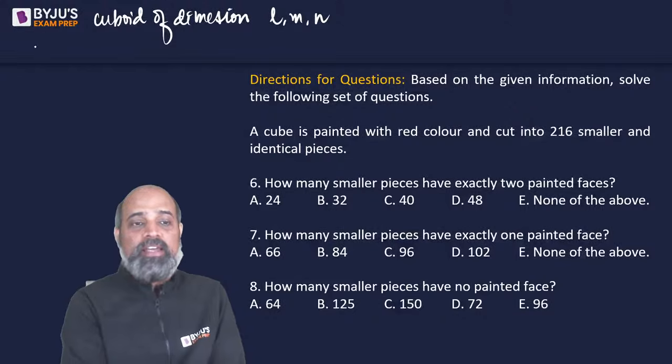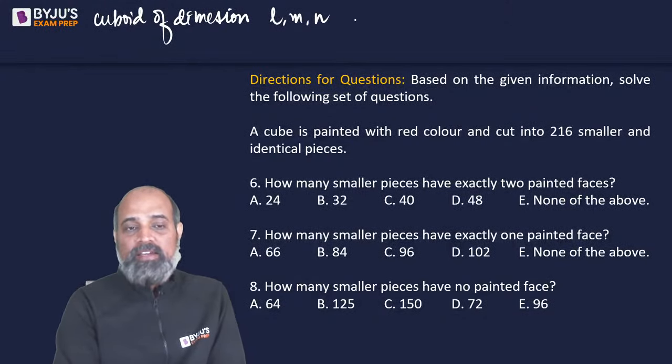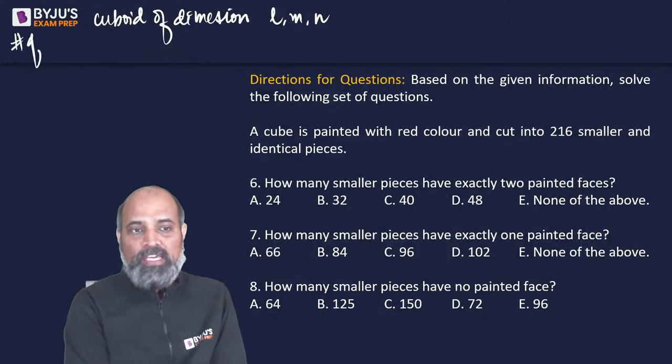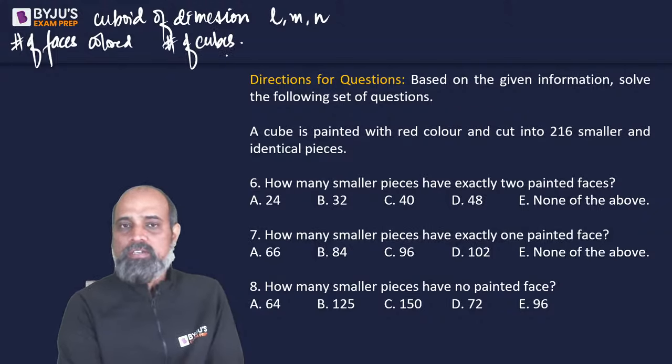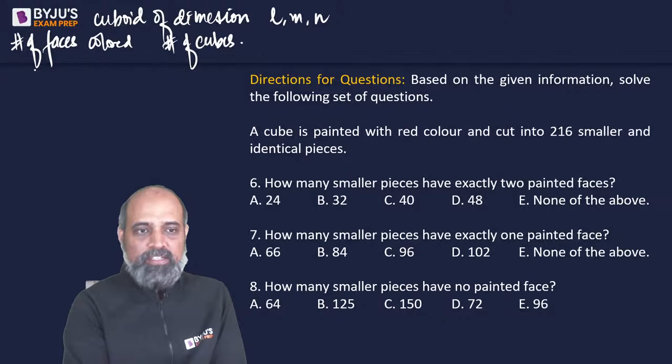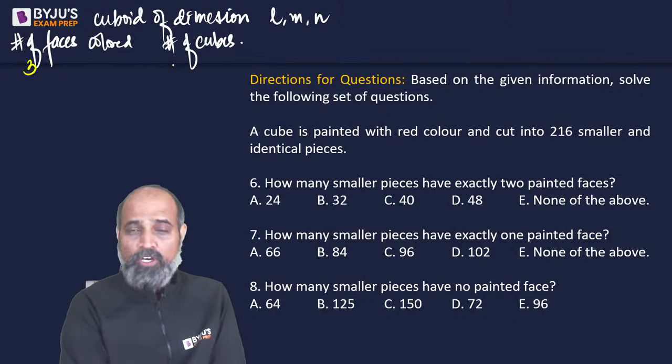Then the number of faces colored and the number of cubes follow a pattern. If you have a total of 3 faces colored, you are going to have a total of 8 cubes which are found along the corners.